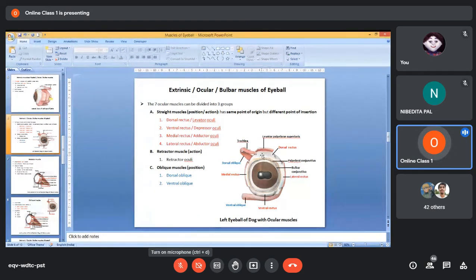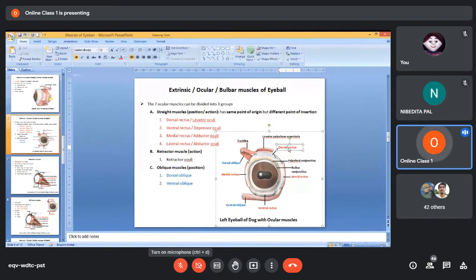Now, if this dorsal rectus muscle contracts, what will happen? The eyeball will get elevated, isn't it? The eyeball will turn upward. So if you want to keep your head in a fixed position and look up, which muscle will contract? The dorsal rectus will contract.